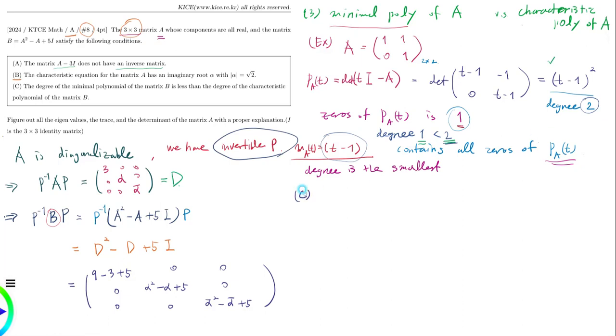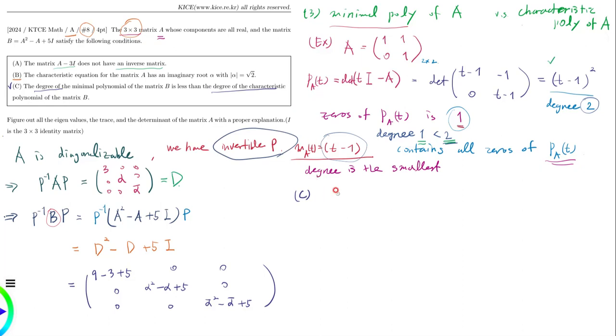Unfortunately, in this case, for the condition C, there's a gap between the degree of the minimal polynomial and the degree of its characteristic polynomial.